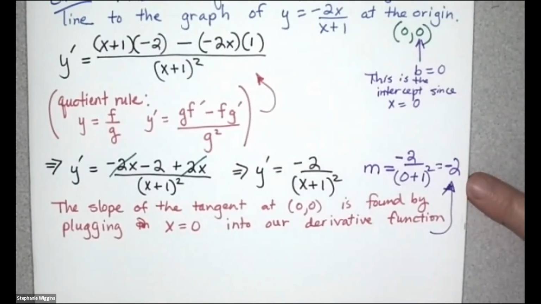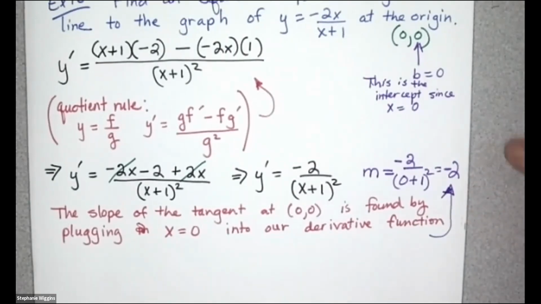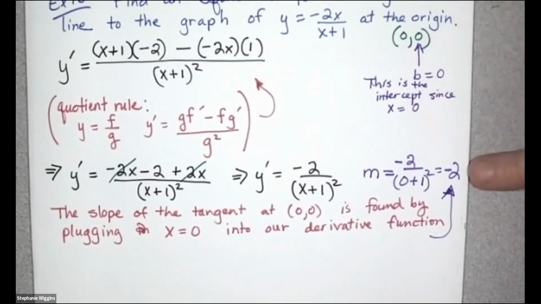And that means that our b value, which is 0, and our m, which is -2, gives us the equation for the tangent line.